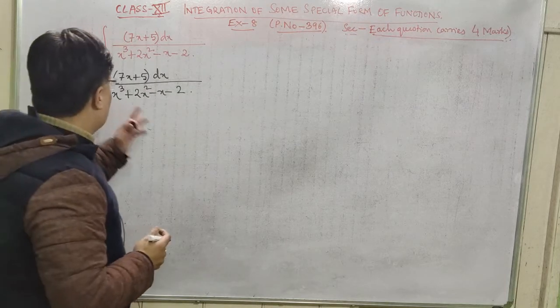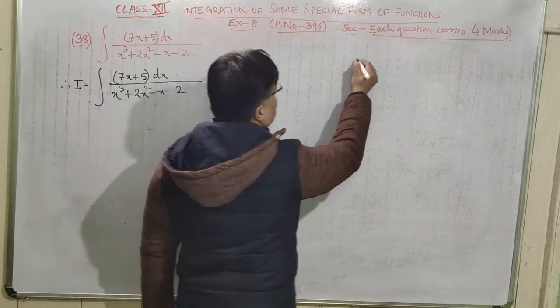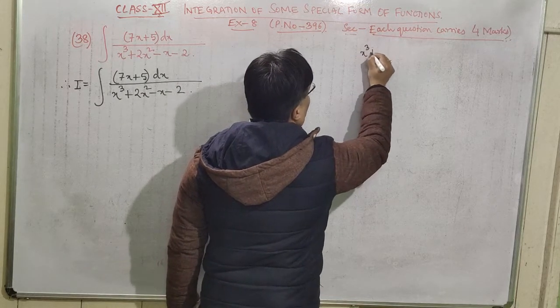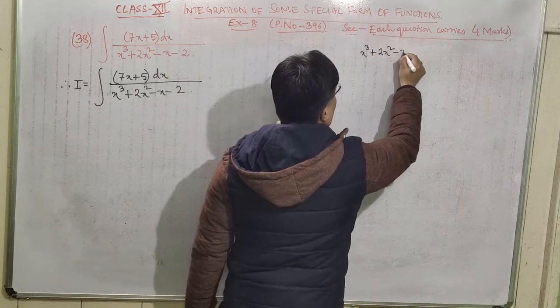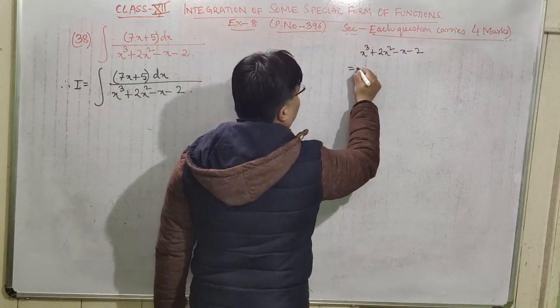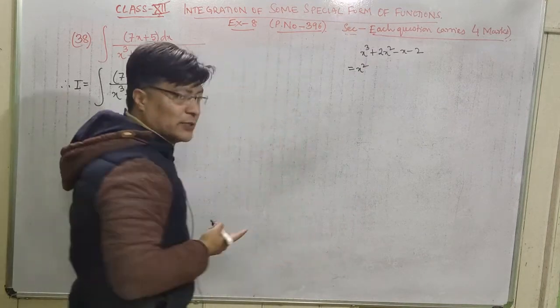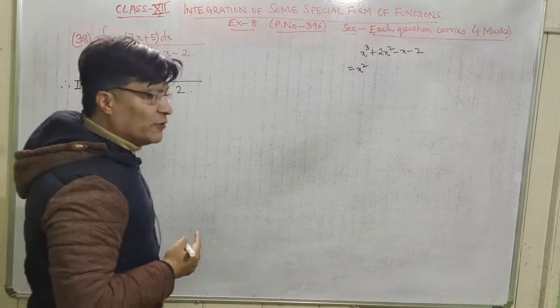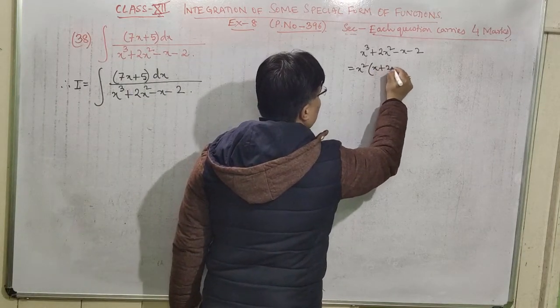So let us factorize the denominator now. Here the denominator is x cube + 2x square − x − 2. What is common here? From the first two terms, we have x square as common, so x square within the bracket (x + 2).